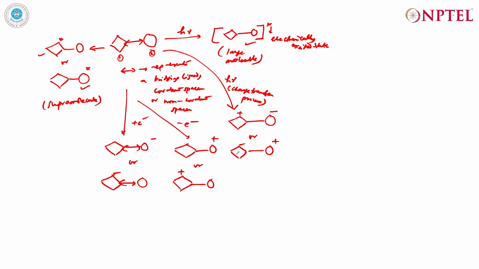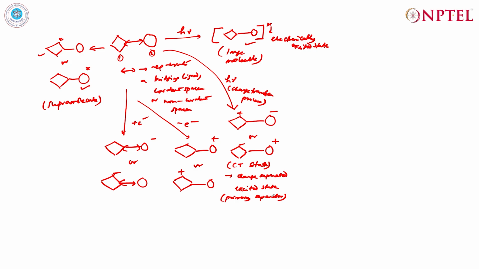And so this is called a charge transfer state, and this is also a charge separated excited state, which we also call the primary separation.